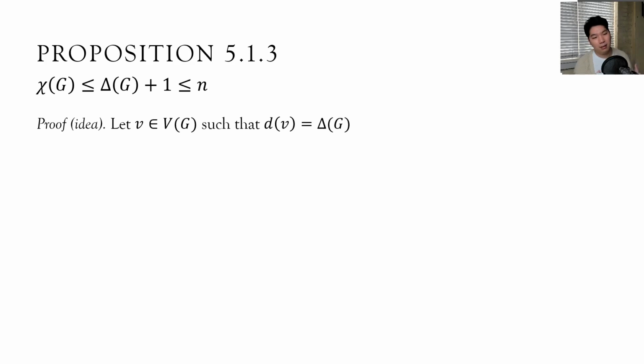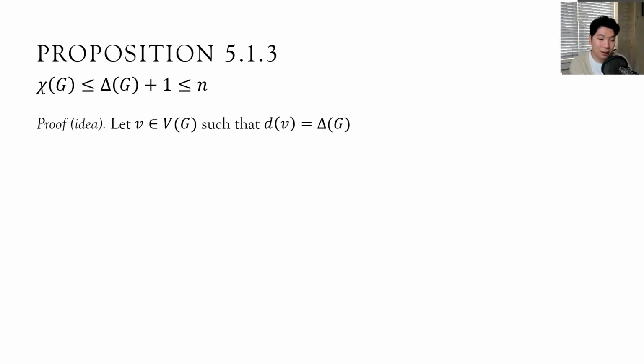So very roughly sketching the proof idea. If I have some graph G, let me choose a vertex V of maximum degree. That is, the degree of V is equal to the maximum degree of G. We know that such a vertex must exist, otherwise our maximum degree would be something different.